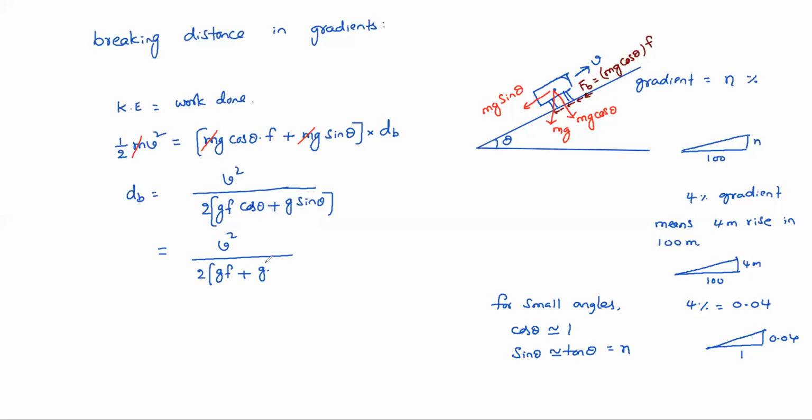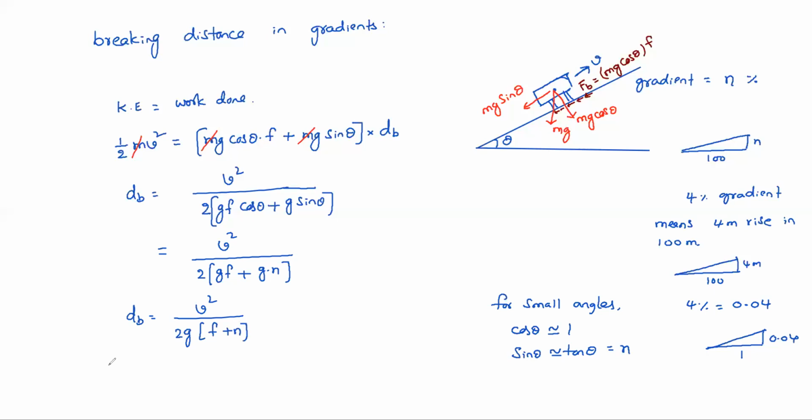Sin theta means tan theta, that equals n, where n is in decimal system. Otherwise, if it is in percent, we need to consider n by 100 here. We are taking n in decimal system, like 0.04. That means braking distance equals v square by 2g (f plus n).